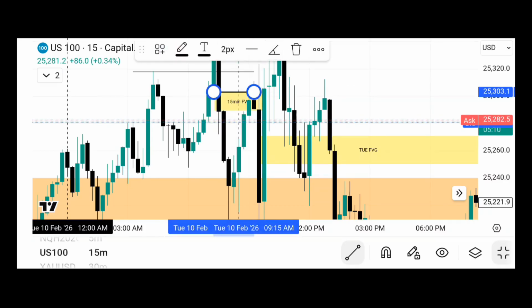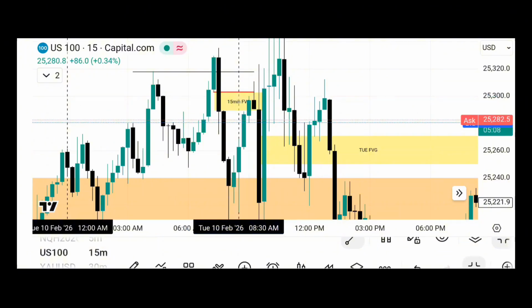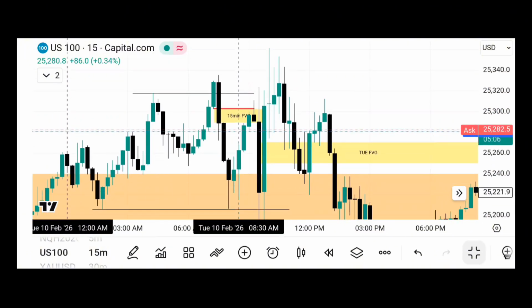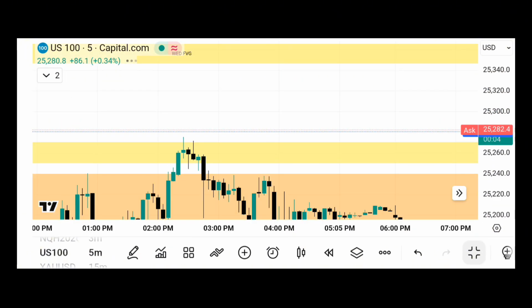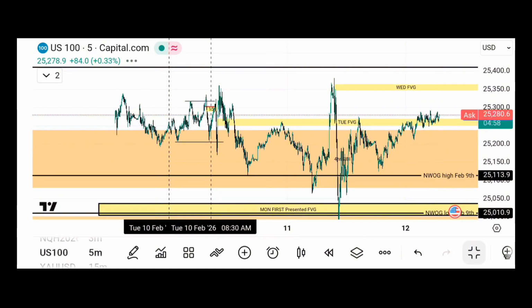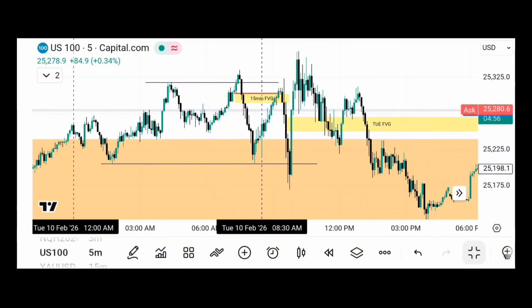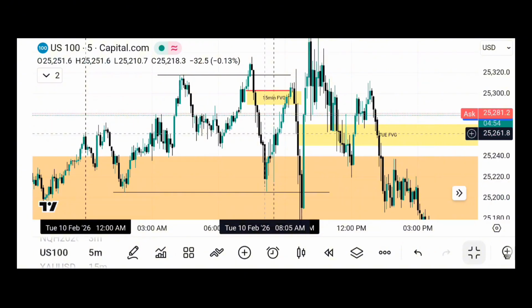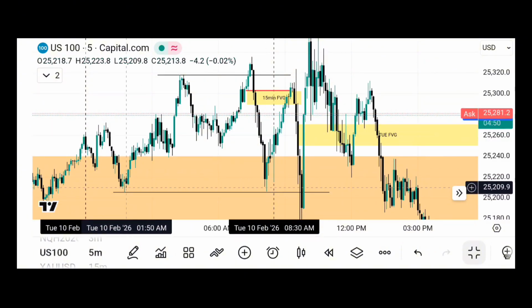So I'll make this bold. Let's say red. All right. So like I was saying, price trading down displacement without taking out this low, okay, where sell stops lie.